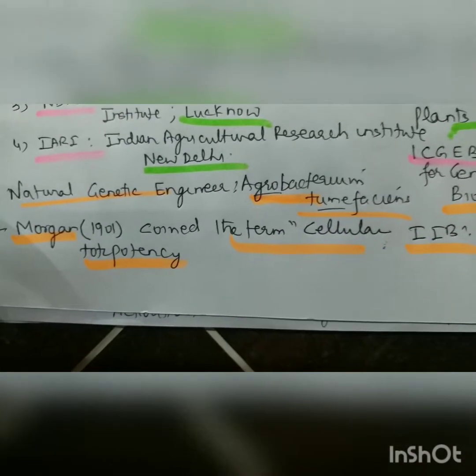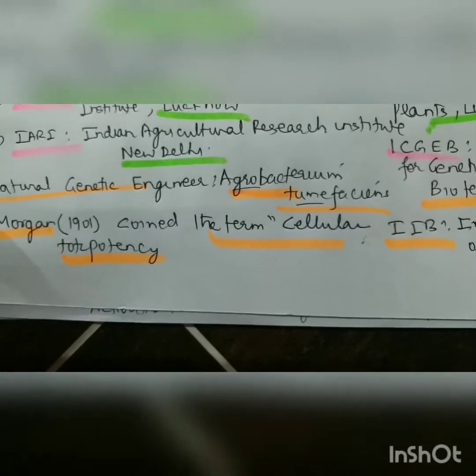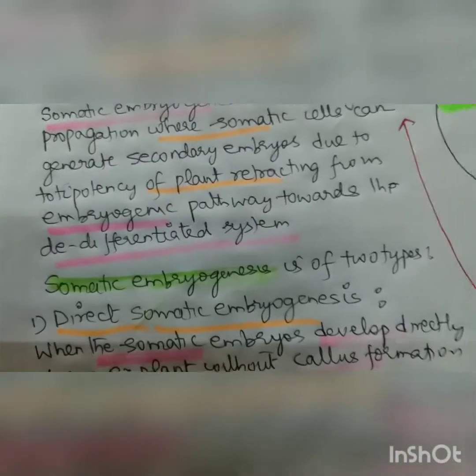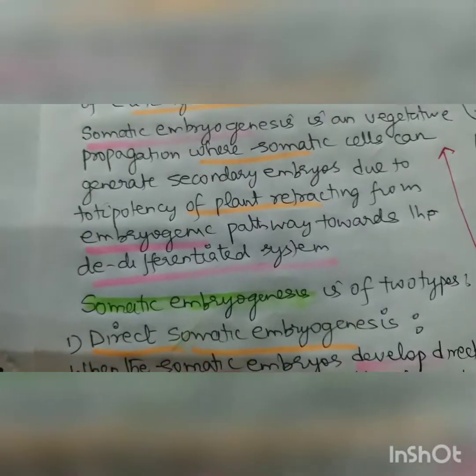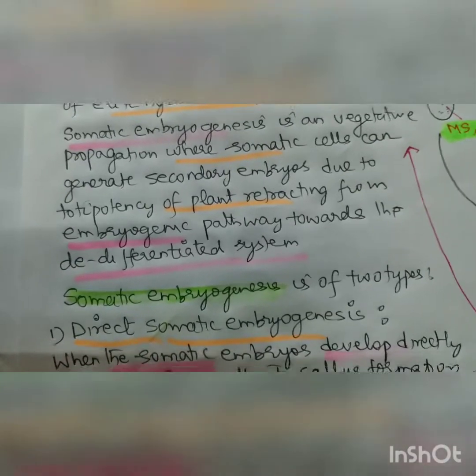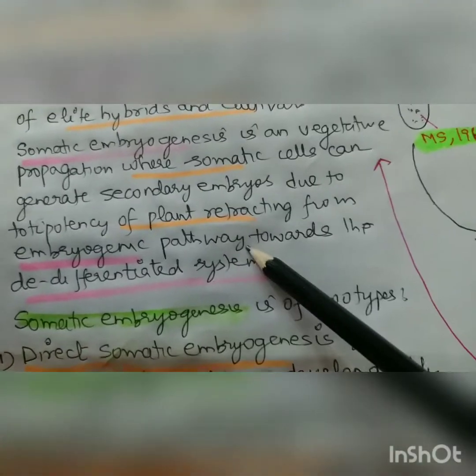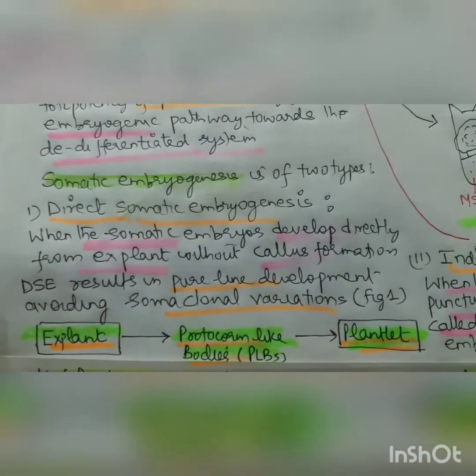Cellular totipotency is the ability of a cell to form a complete plant, and it has two phases, differentiation and de-differentiation. Here somatic embryos are formed by the de-differentiation system.